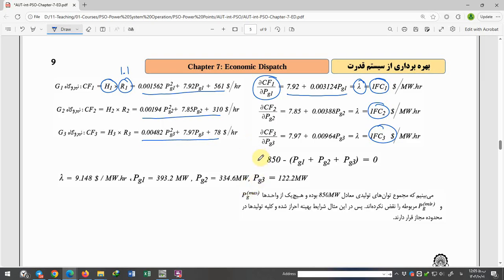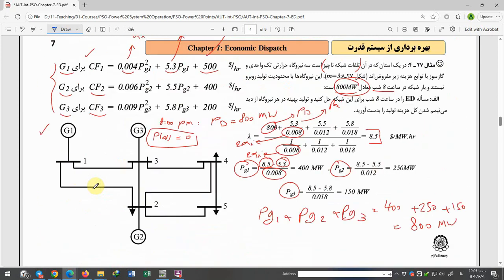And the equal constraint is P demand minus sigma PGi is 0. So we can find that we have 4 unknown parameters and 4 equations. And after that we have to calculate lambda with this equation.